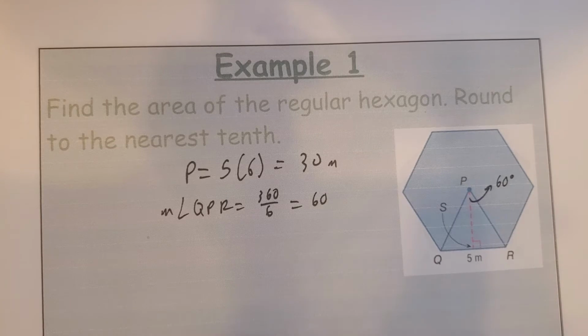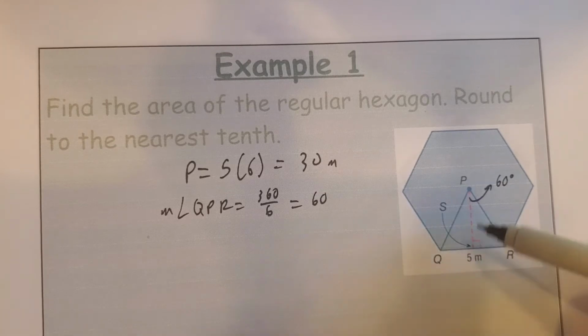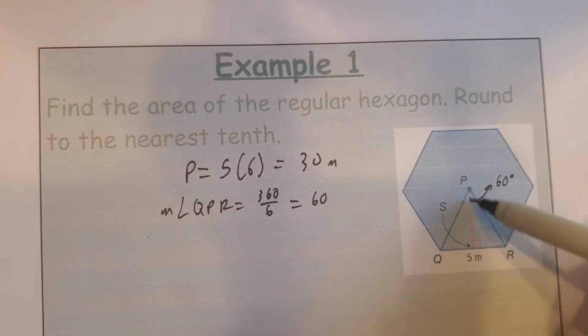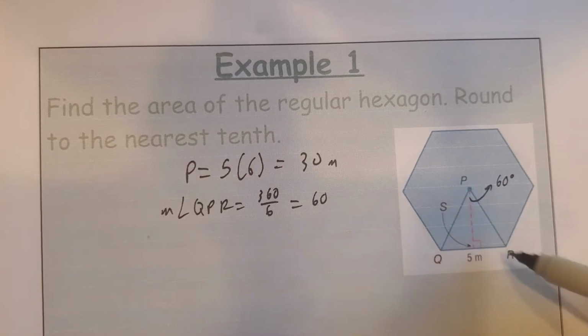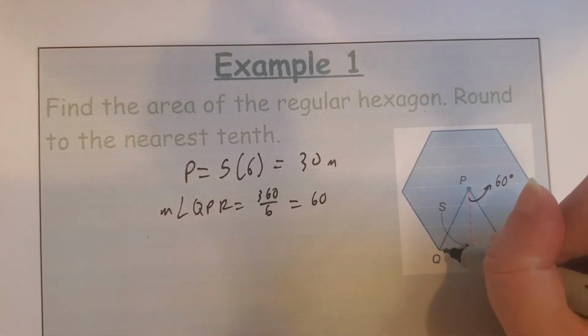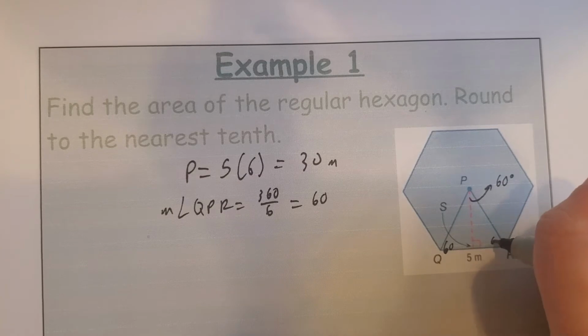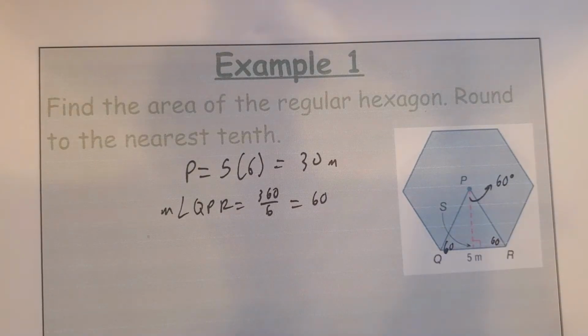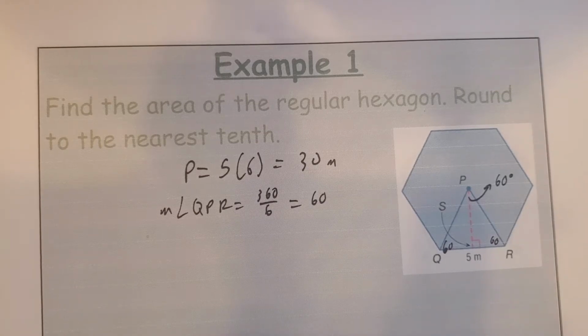Because it's a regular polygon, there's a couple things you can say here. We know this triangle inside can also be deduced to be regular. If this angle is 60, all the angles in the triangle are 60. Or at least these two angles are going to be congruent, and if one is 60, I think we know how to find the other two angles by now.